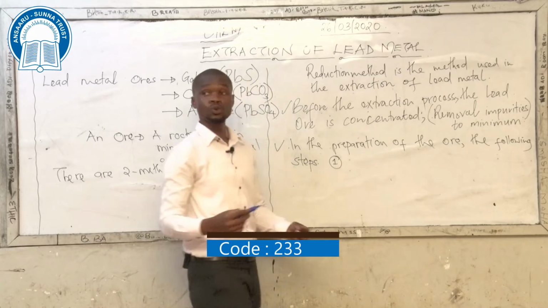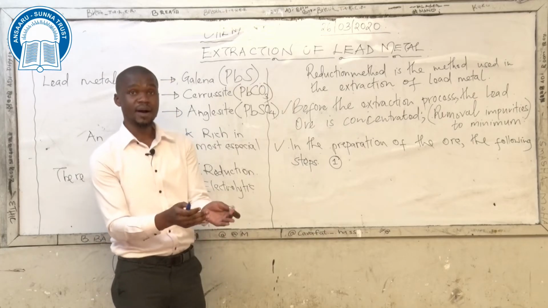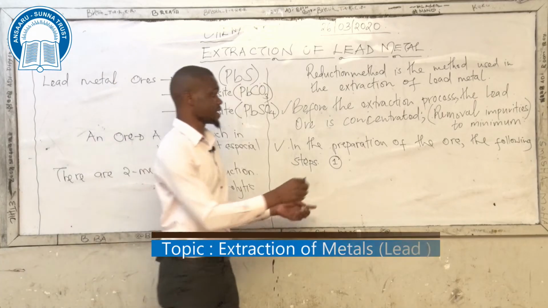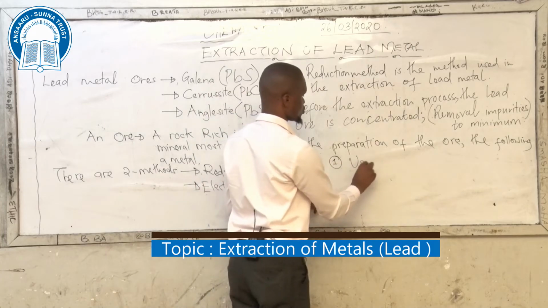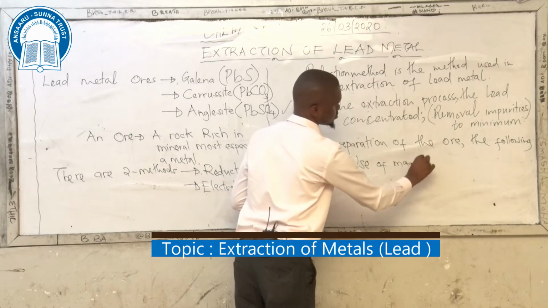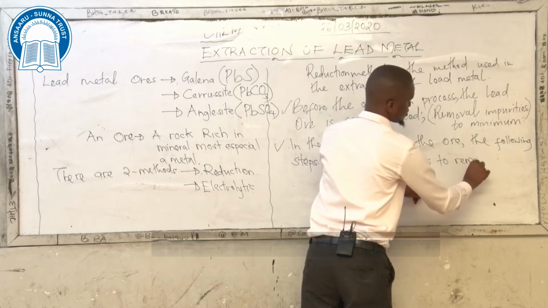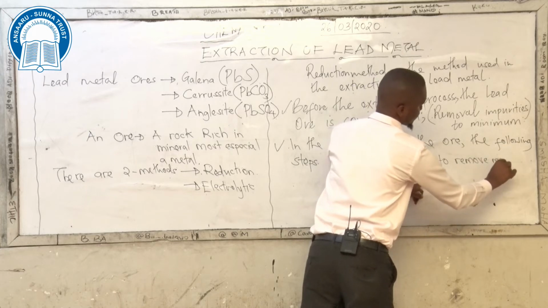The first step is using a magnet to attract any magnetic material, that is use of magnets to remove magnetic materials.